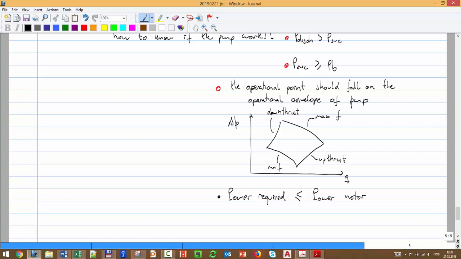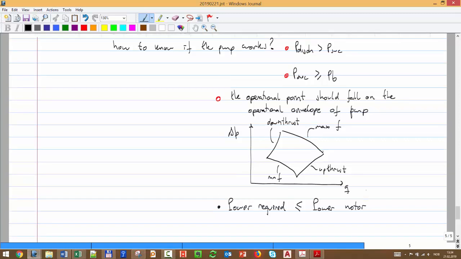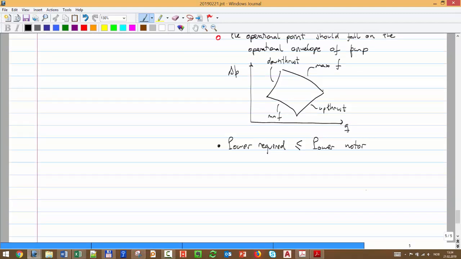We're using it to move that pump and motor, and we have to make sure that what we need is actually what we have or below. So in a very simple way, those are all the constraints we have to check. Suction pressure, delta P should be positive, should fall inside the operational envelope, and the power should be less than the power of the motor.